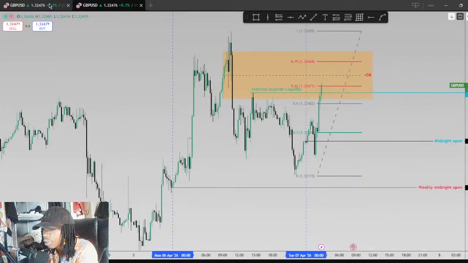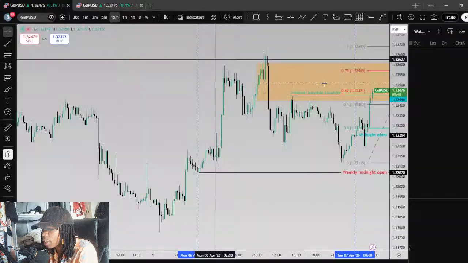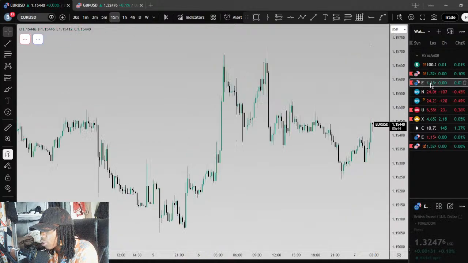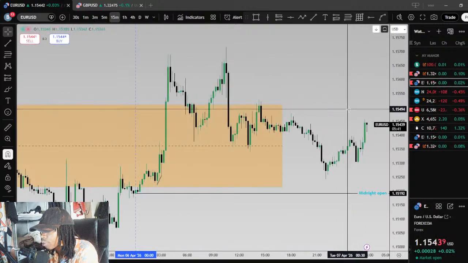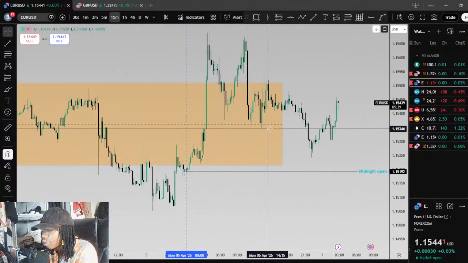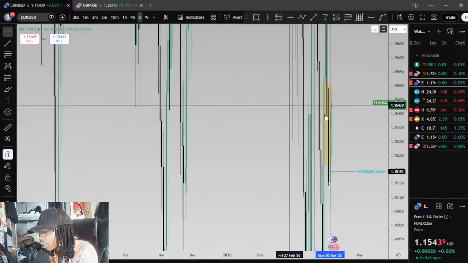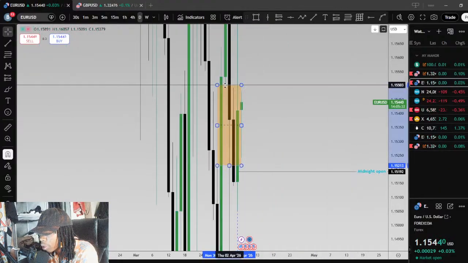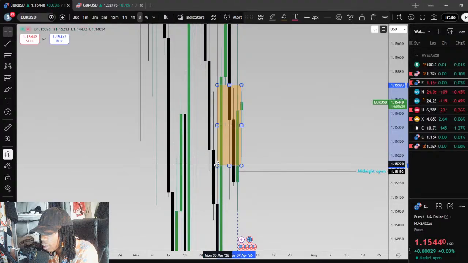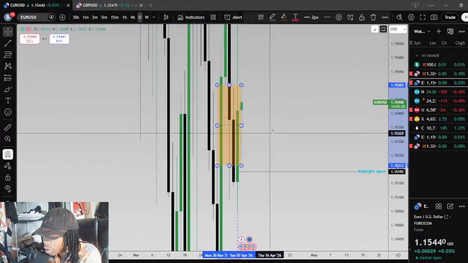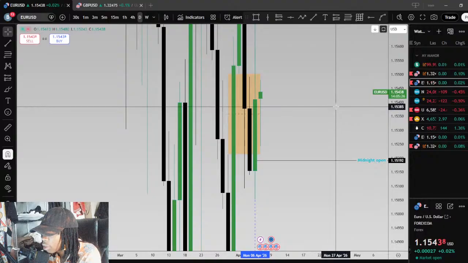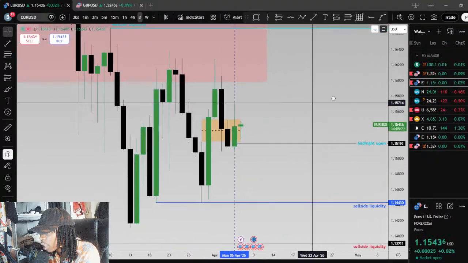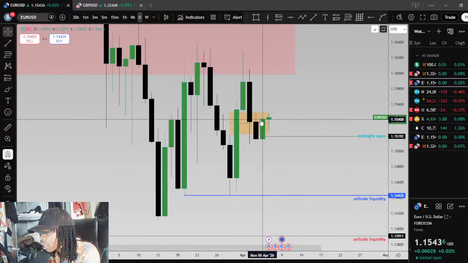So let us look at other pairs, Euro USD, and see what we have here. I think this one on a daily chart has some kind of buy side imbalance, sell side inefficiency. So same thing on Euro USD. I'm kind of looking at rejection away.